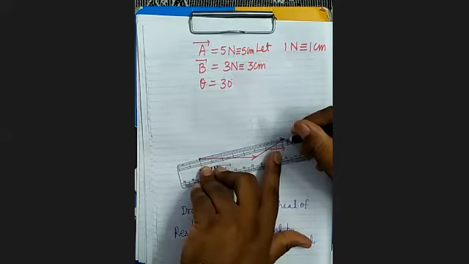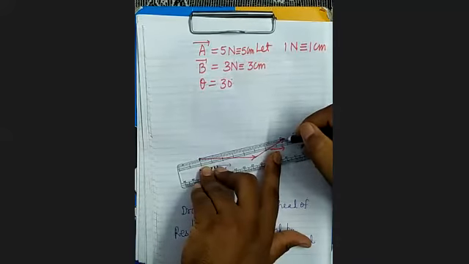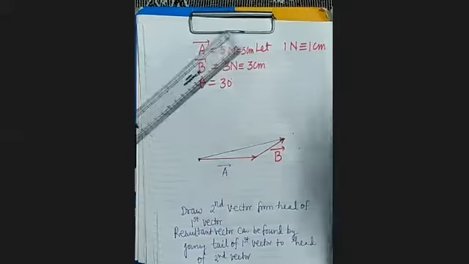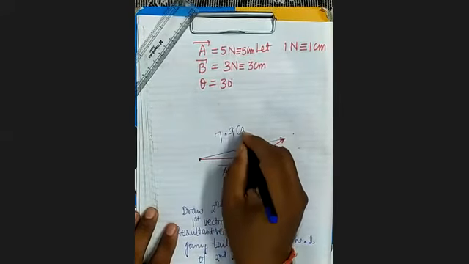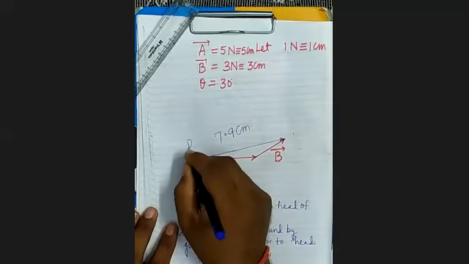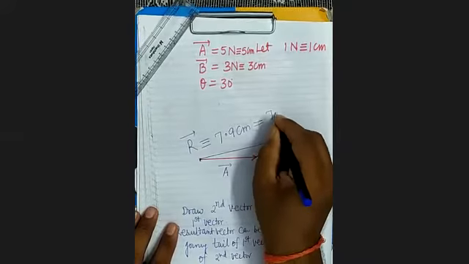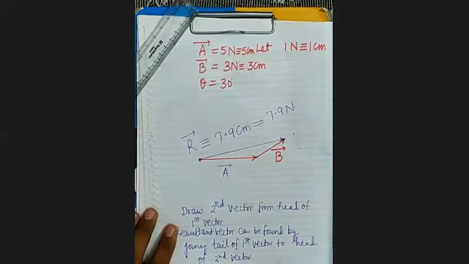So it will be nearly 7.9 centimeter. Means the resultant vector is 7.9 Newton. And what will be its direction?